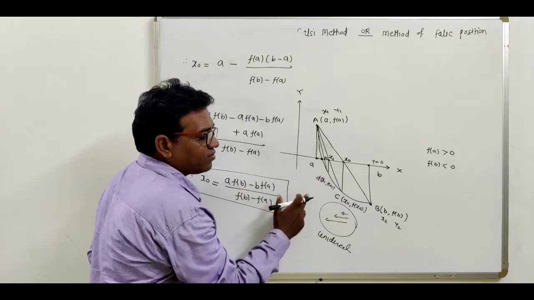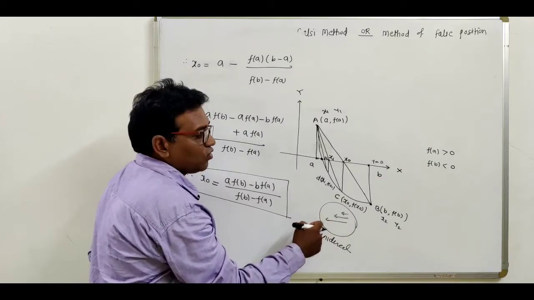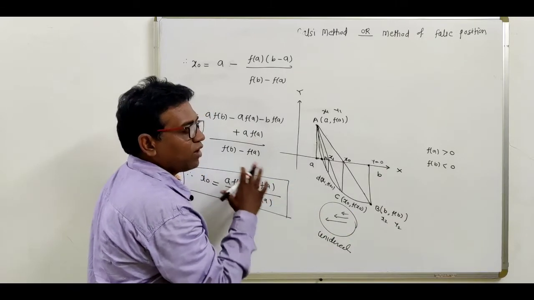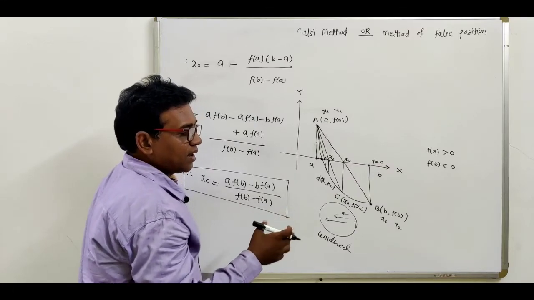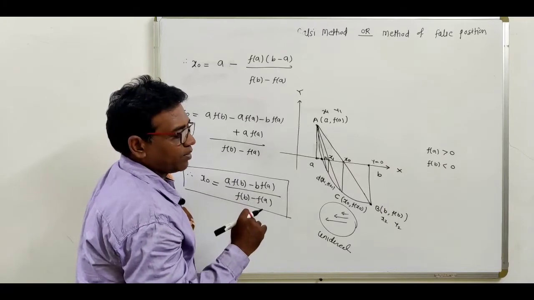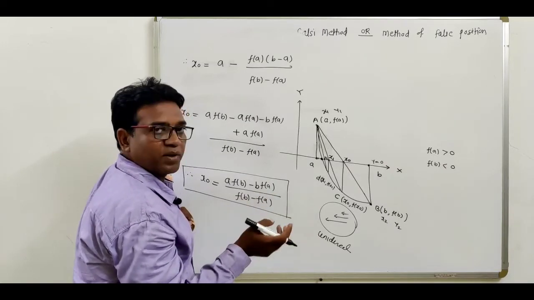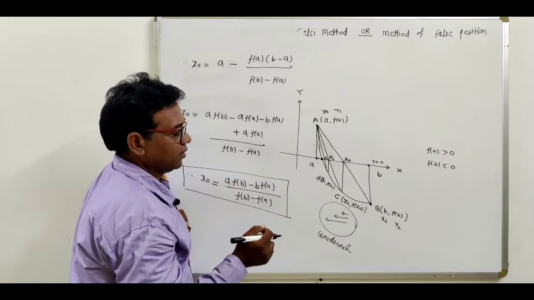So the rate of convergence of the regular Falsi method is better than the rate of convergence of the bisection method. So this is a faster method compared to the bisection method.